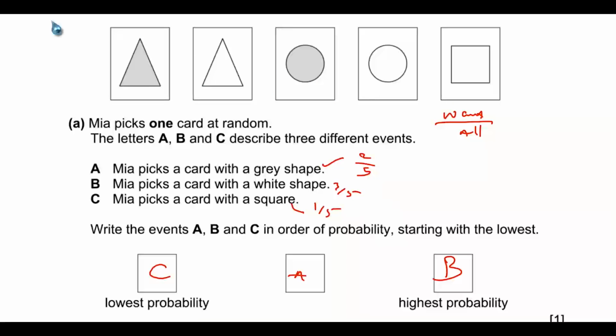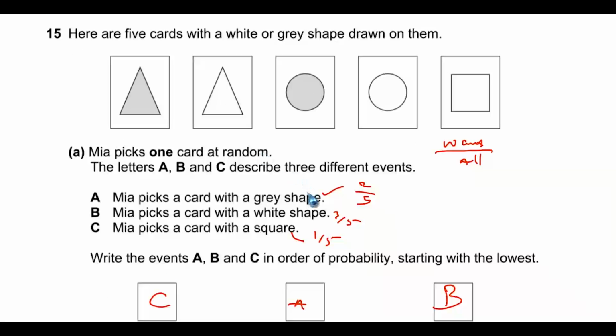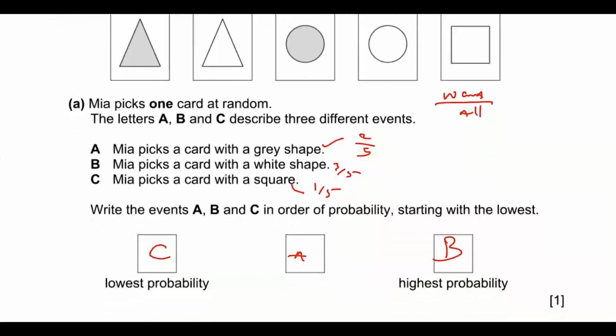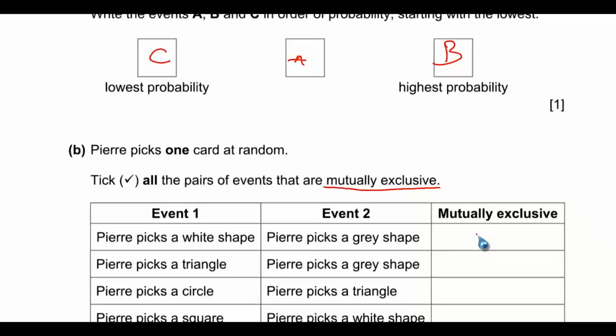So the two cannot occur at the same time, and that will be correct. What makes that possible is this square here. That is the main reason. So we can take this one. We have mutually exclusive here.